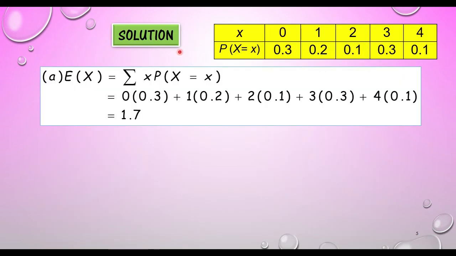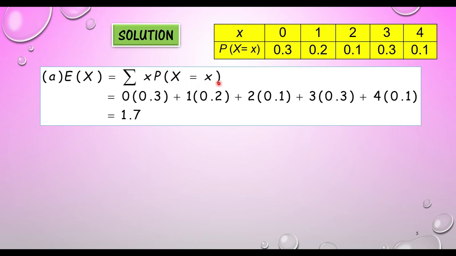So how to answer the question? What is the solution here? I share again here the table showing the values of random variable X and the probability for each value of X. A. What is the expected value of X? Recall that the formula for expected value is the summation of x times the probability of each x.